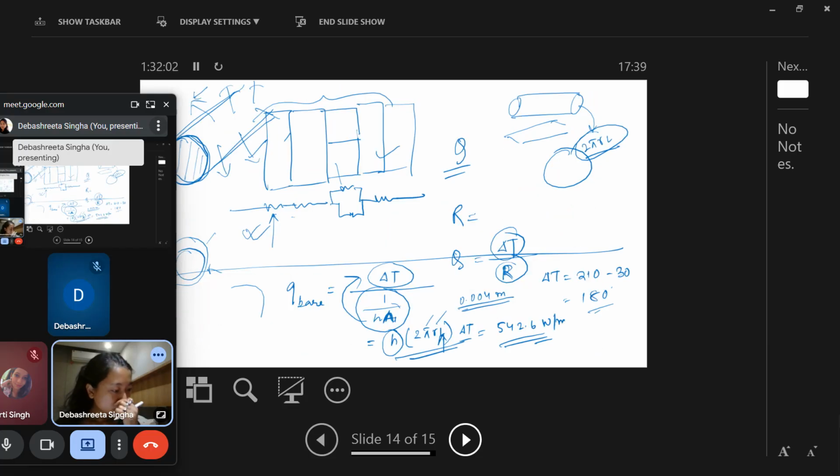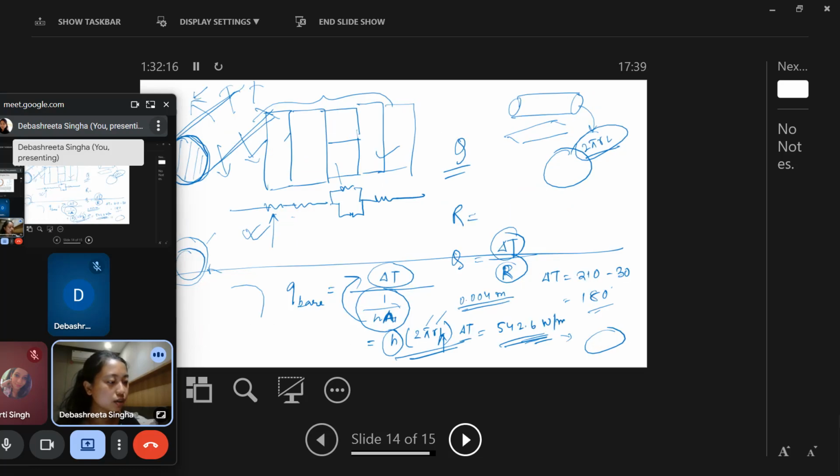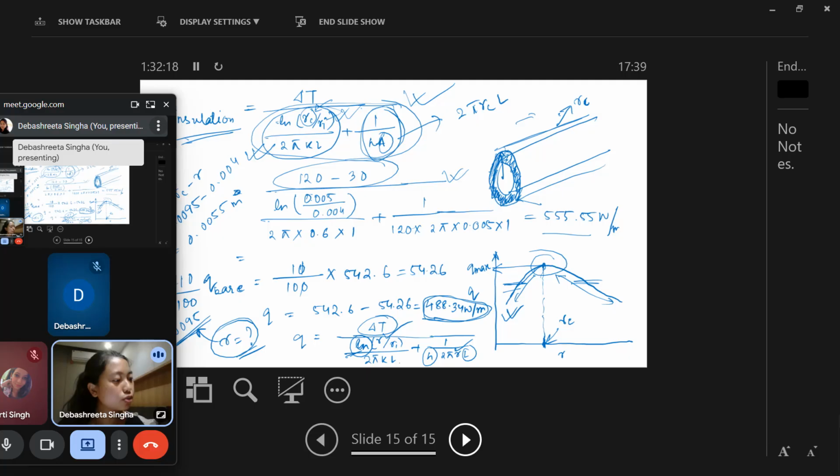If you reduce this by 10%, you just subtract 10% of this, so you get around 488. To get that heat transfer rate, how much thickness should you add? By this same formula you find out RC. Then once you find RC, you subtract the inner radius from that, then you get the thickness. So you got it, right?